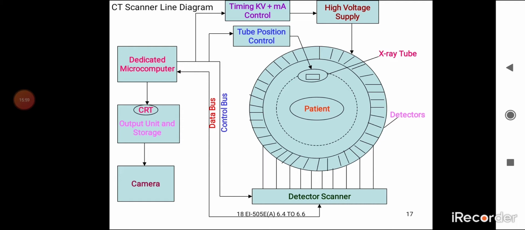By using this output data and stored data, the pictorial representation of the image can be made by the camera. The detail of each block is seen in the next slide.